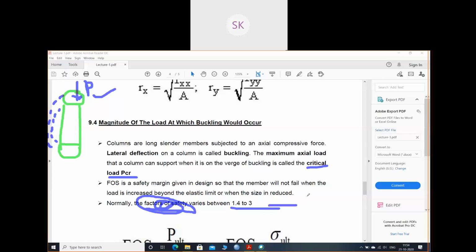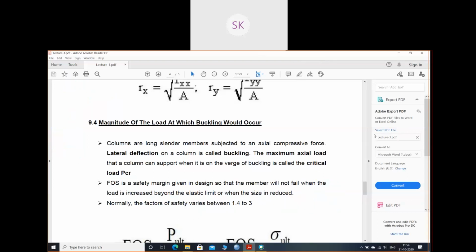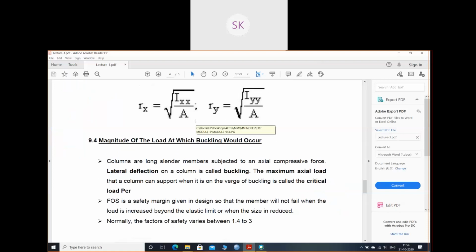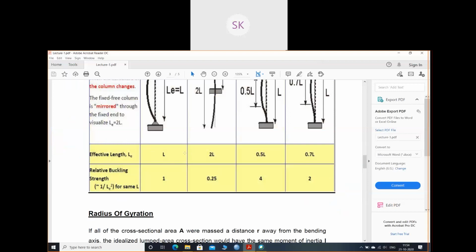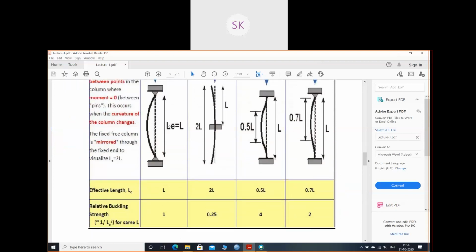This will also become your 1 mark or 2 marks question. What is the factor of safety? What is the range of factor of safety for column? It ranges from 1.4 to 3. Remember, okay. Now in MCQ questions, you may get what will be the formula of radius of gyration. So remember this formula. Remember these values also. Very important. During the numericals, you'll require them. They will give you the condition.